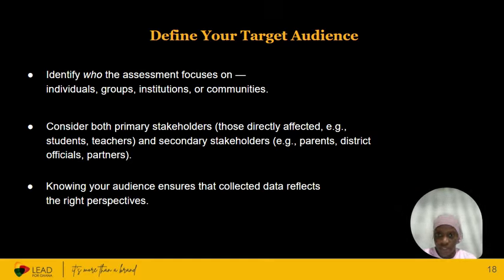in your project. Like I mentioned, your primary audience or your primary stakeholders are those that are directly affected by the issue. In this case, using the Adewano example, they'll be your students. Your secondary audiences are those who influence the outcome. They're not really affected by it, but they influence the outcome of your project.